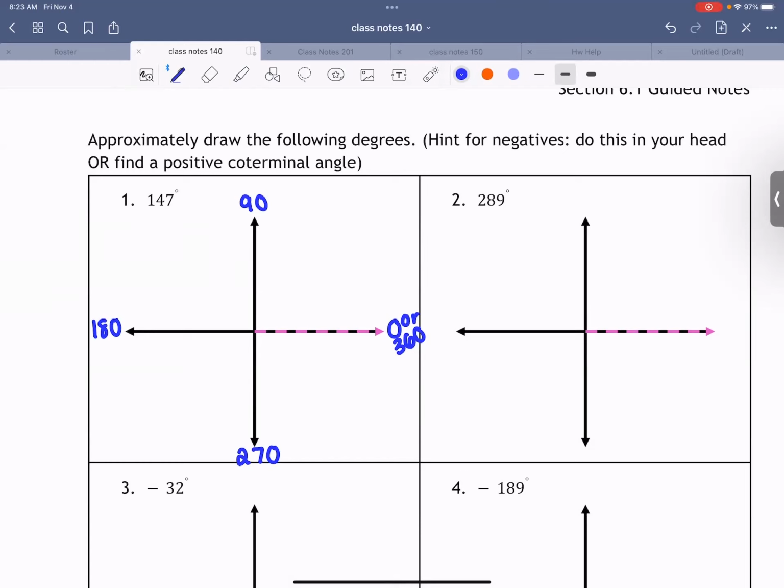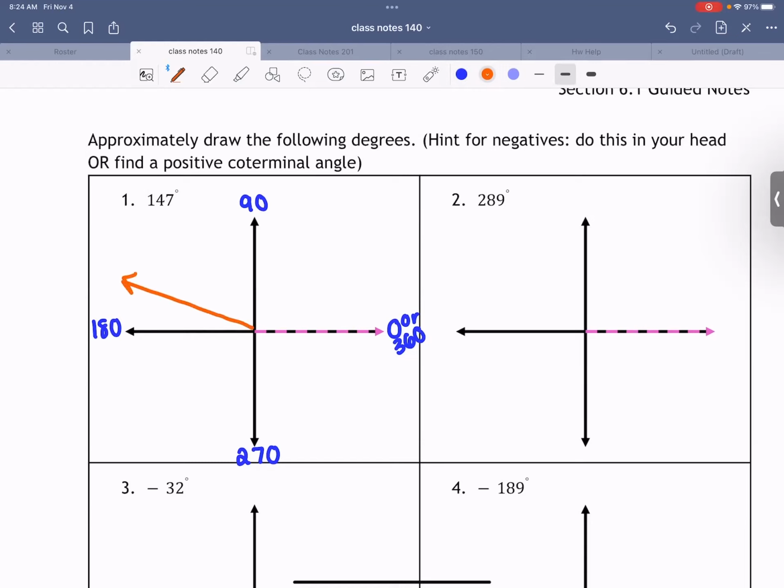If I wanted to draw 147 degrees, what quadrant would I be in? Quadrant 2, right? Because 147 is between 90 and 180, okay? Now, taking a look, it looks like 147 might be closer to 180 than 90, so I think I'm gonna draw it like here, okay?